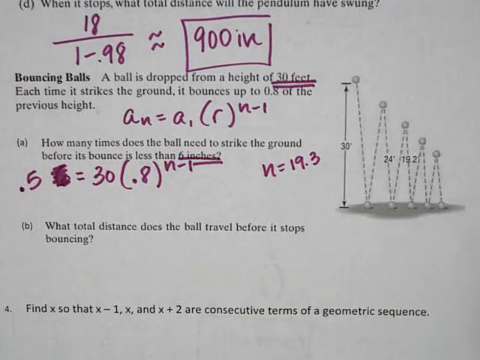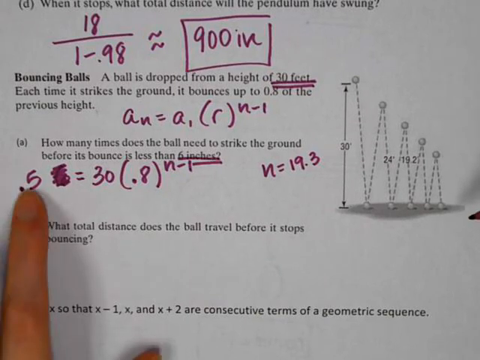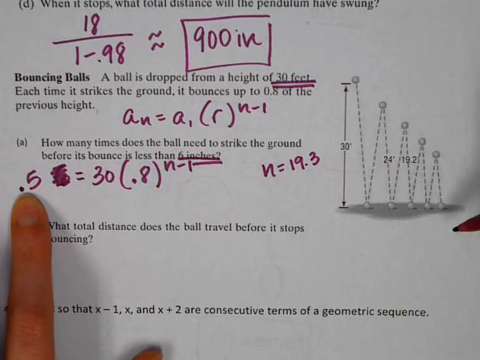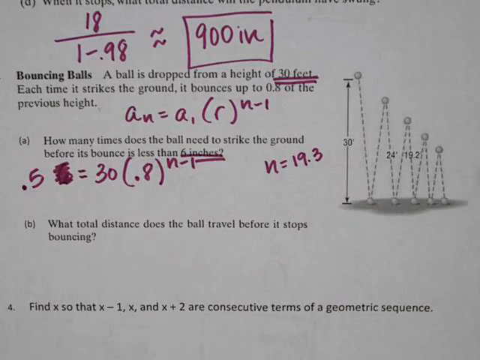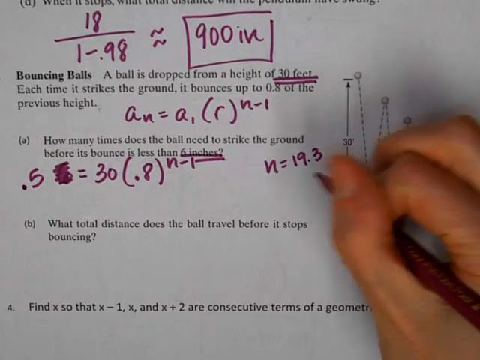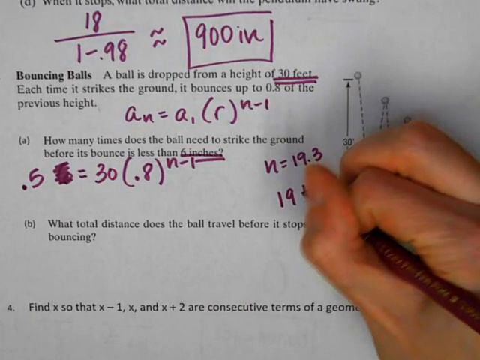Okay, so now in 19.3 bounces, we're at 0.5 feet. But we want it to be less than 0.5. So we need to round down to the nearest times that it bounced. So that would be 19 times.